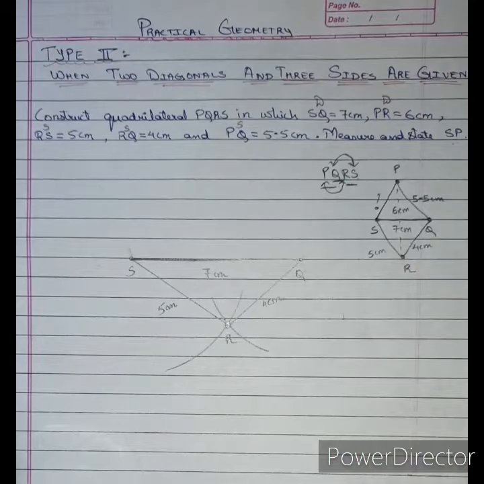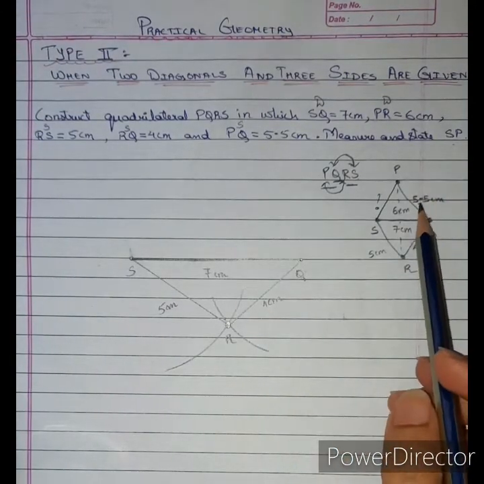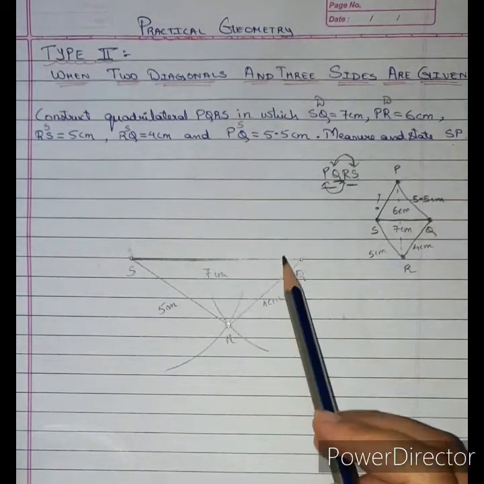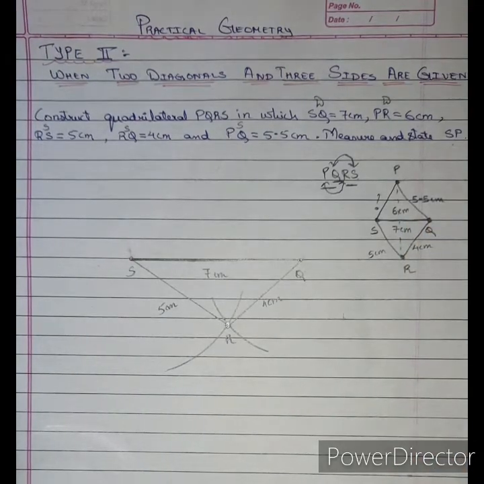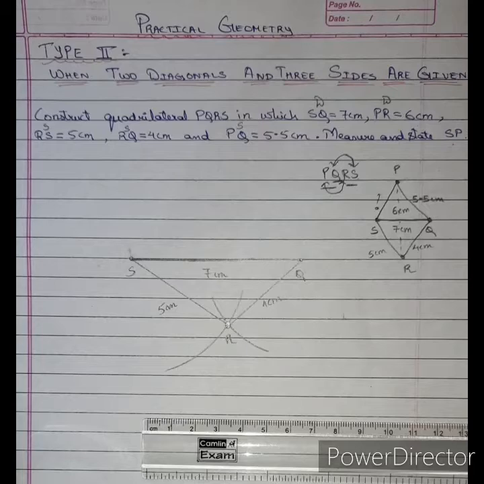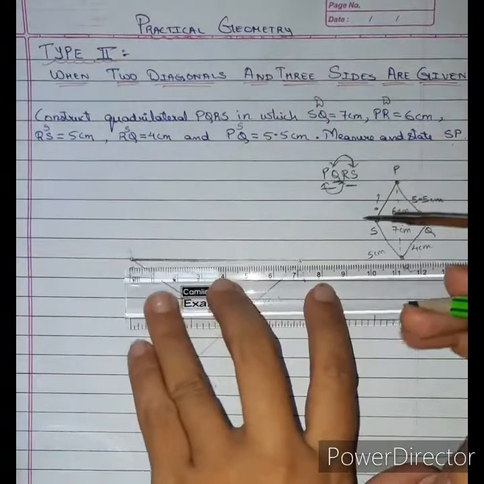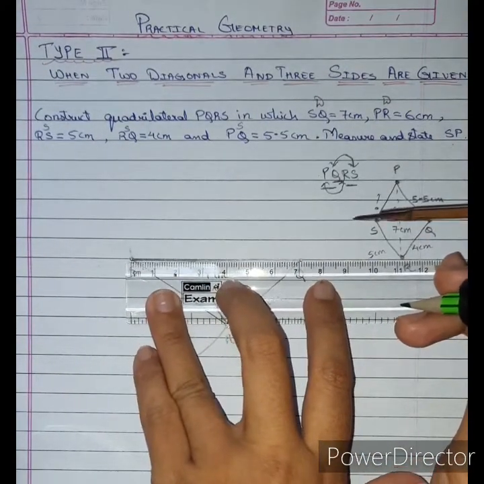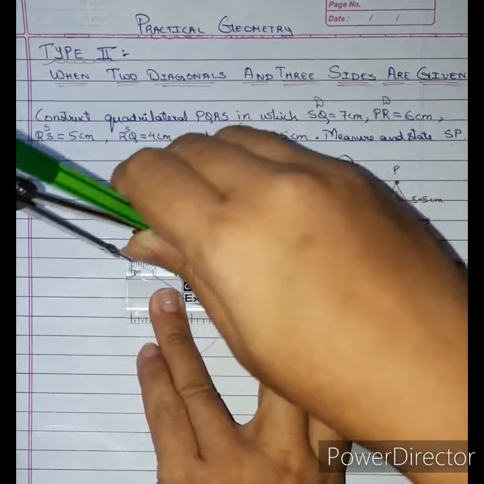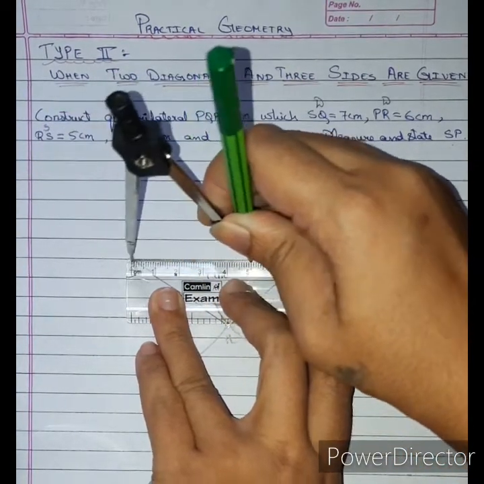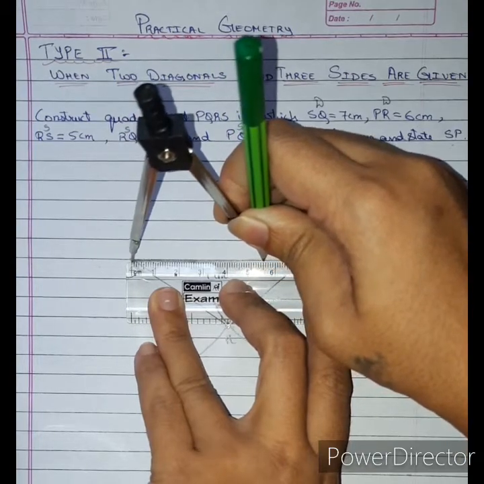Don't forget to mark. Now we have another detail, that is PQ is given to us, that is 5.5 centimeter. Take the measurement. You can take a reference point outside also.